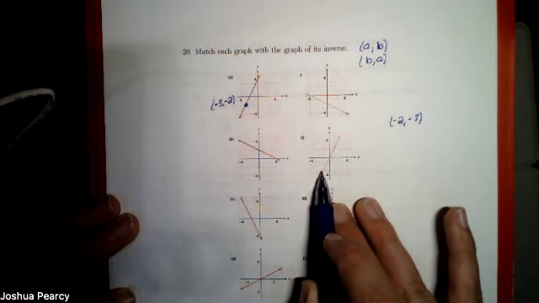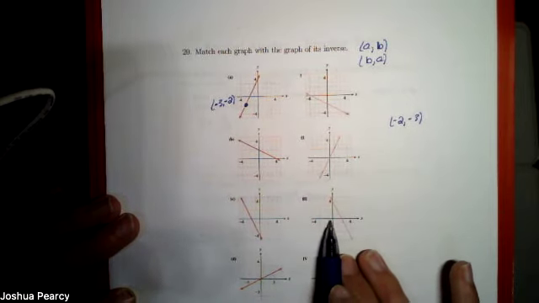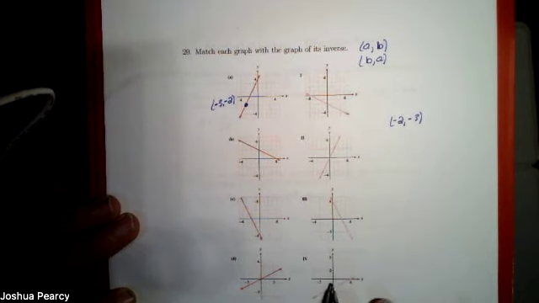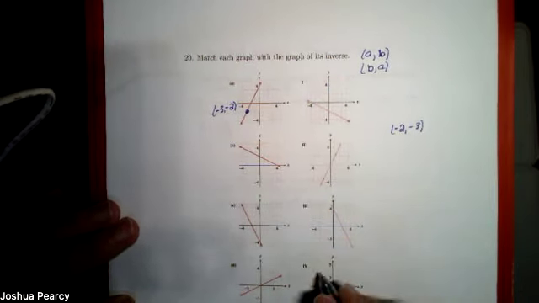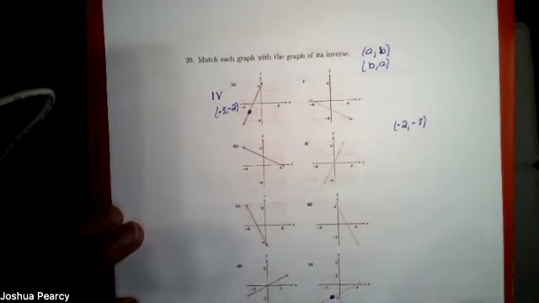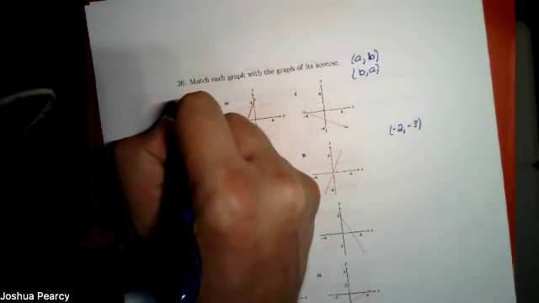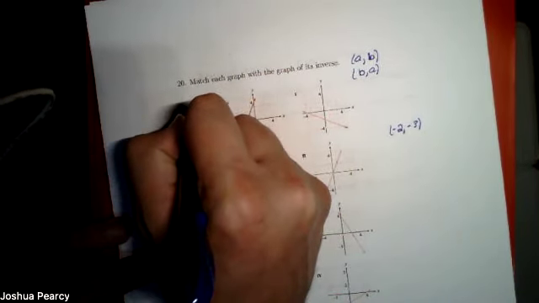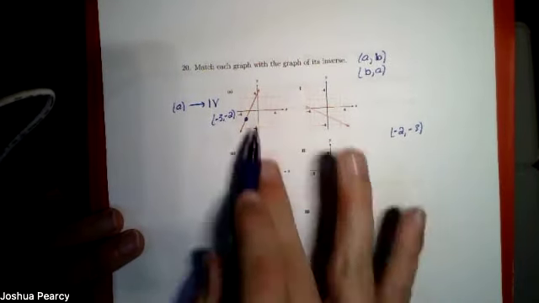This one does not either. Let's go right here. (-2, -3). No. 1, 2, 1, 2, 3. This one here has the point (-2, -3). So then A goes with graph 4. So A and 4 are inverses, these two right here.